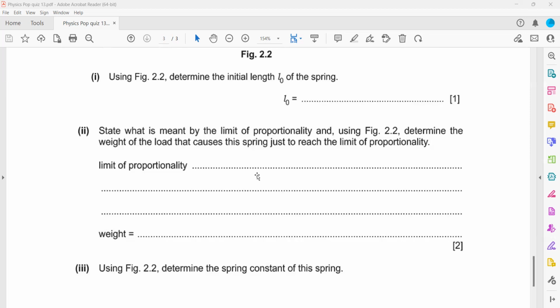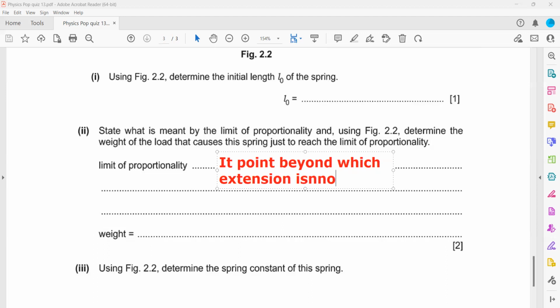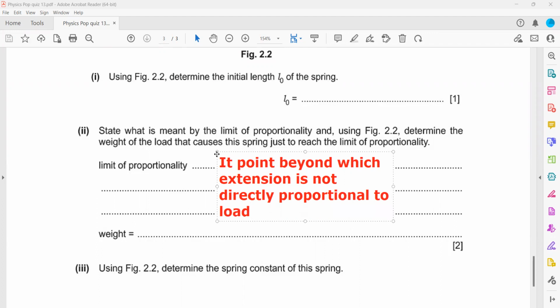So when you increase the load, the extension will increase, but not at the same rate.